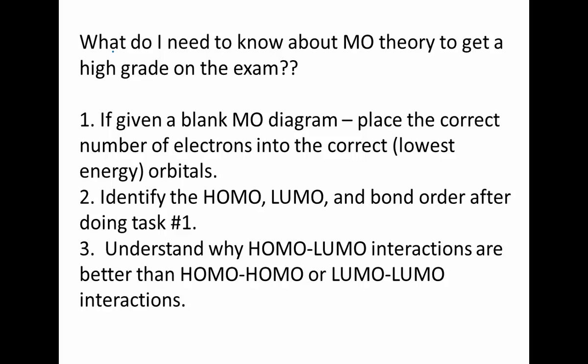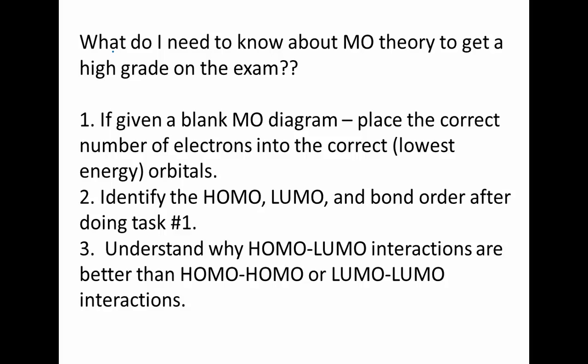Okay. Here's just a summary here. You're probably confused by this. Remember, I said that I would give you the actual diagrams. Here's some of the things I'd like you to know. If you're given a blank molecular orbital diagram, place the correct number of electrons into the correct orbitals. That's the lowest energy ones. Identify the HOMO-LUMO and bond order after doing task 1.